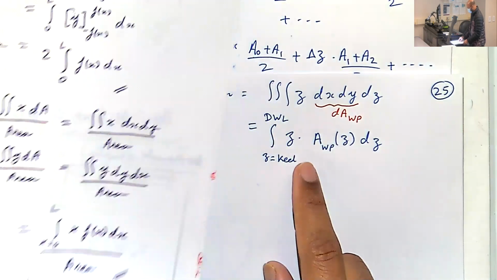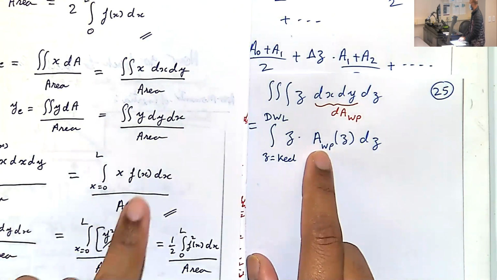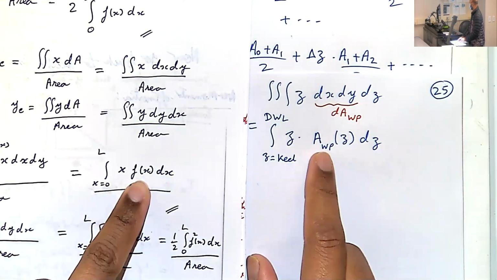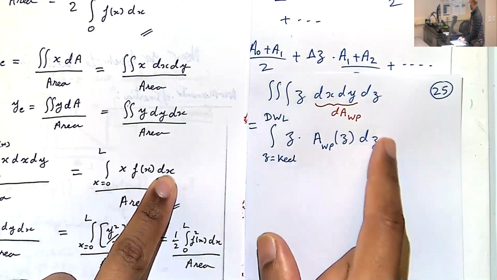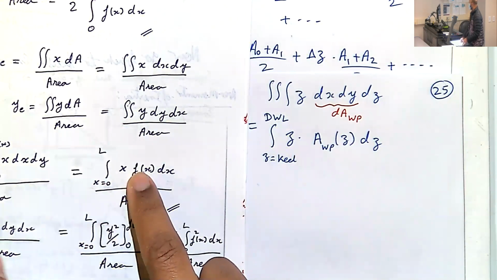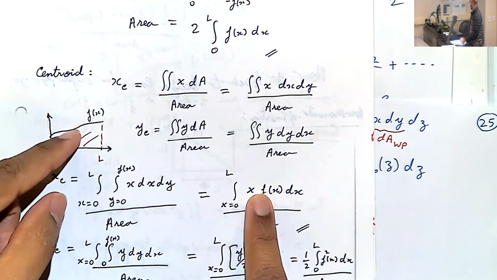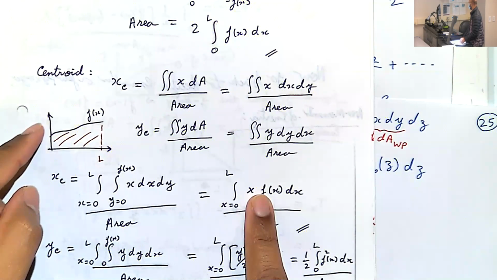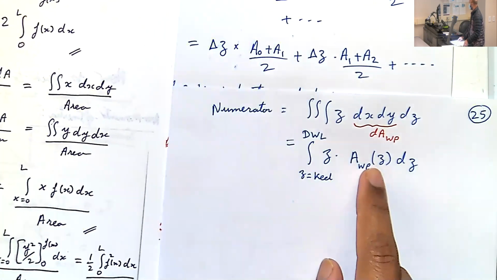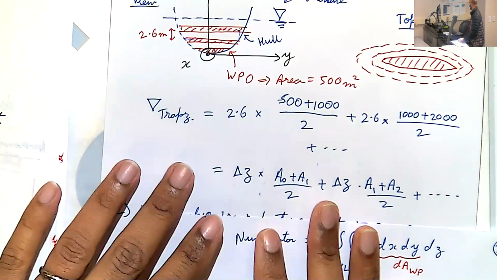But inside we have this thing, look, z times some function. Same as here, x times some function, dx, instead we have a dz. This function in this case was the height of the curve because we were trying to compute the area. But now this function will be the area of the slice, okay?